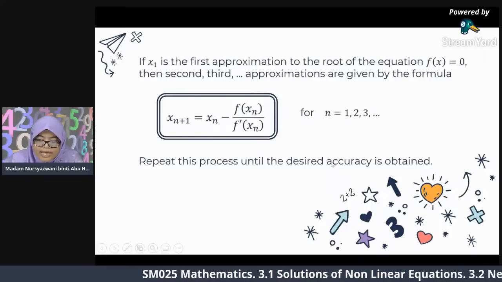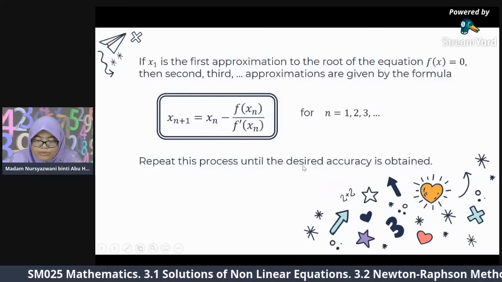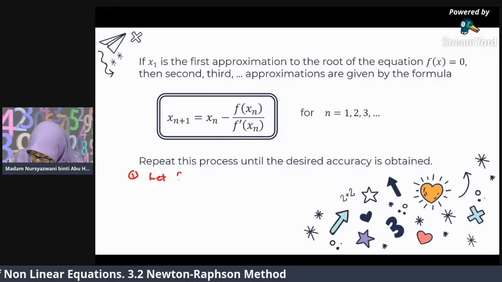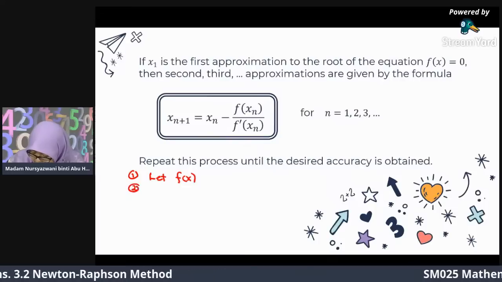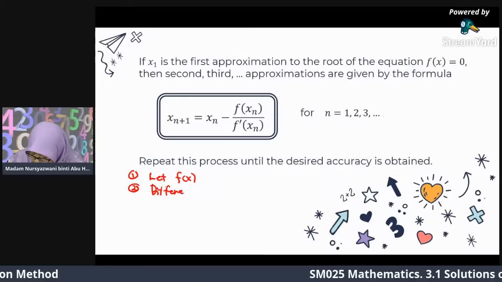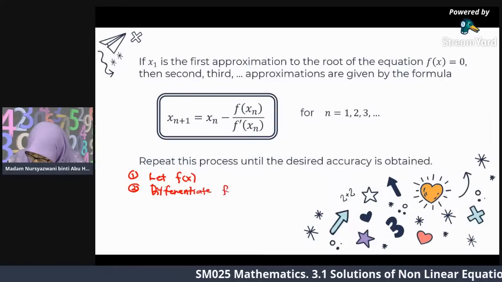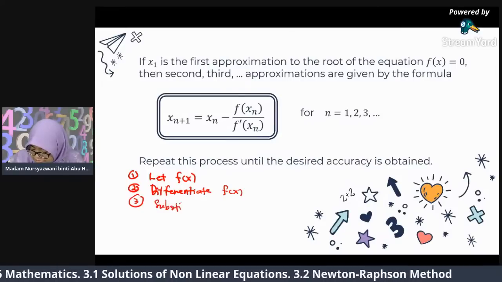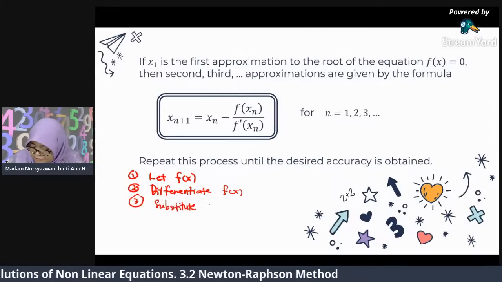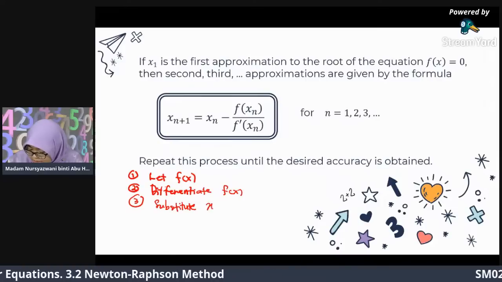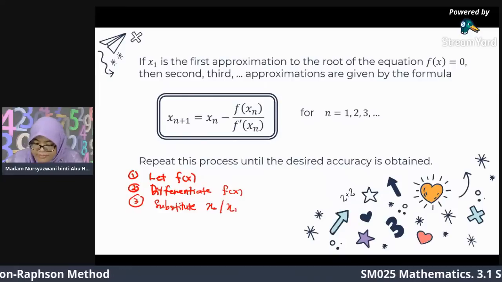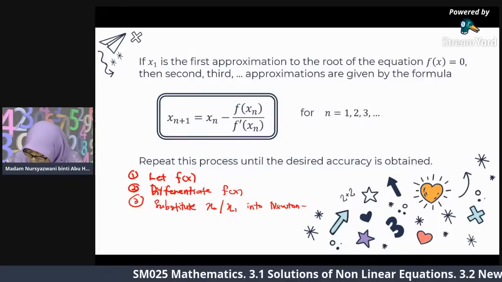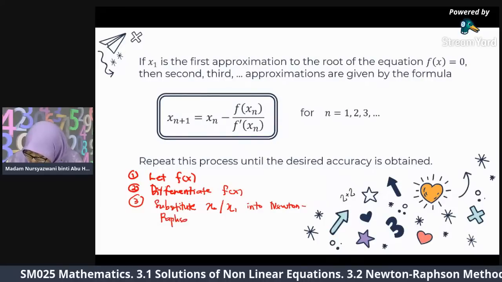Okay, so there are 4 steps to approximate a root by the Newton-Raphson method. Okay, first we let f(x). Second, we differentiate f(x). Third, we substitute the first approximation x1 into the Newton-Raphson formula.